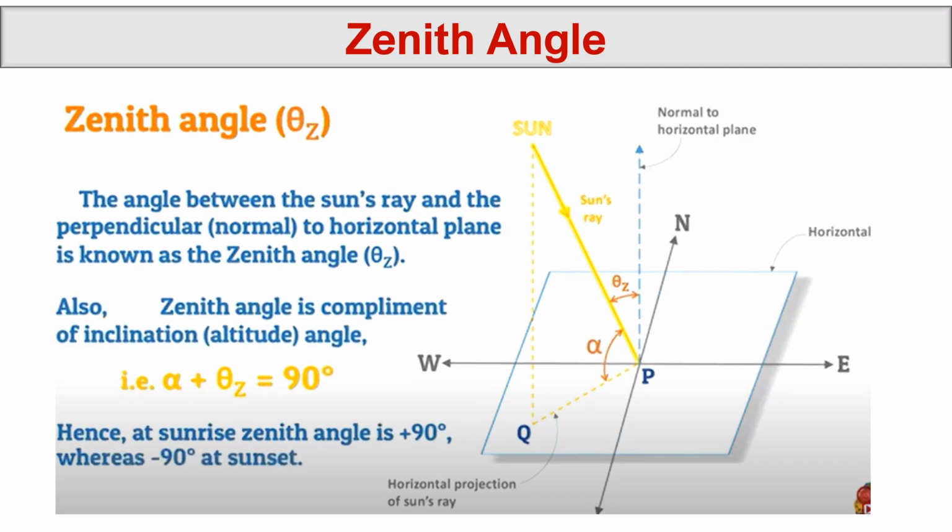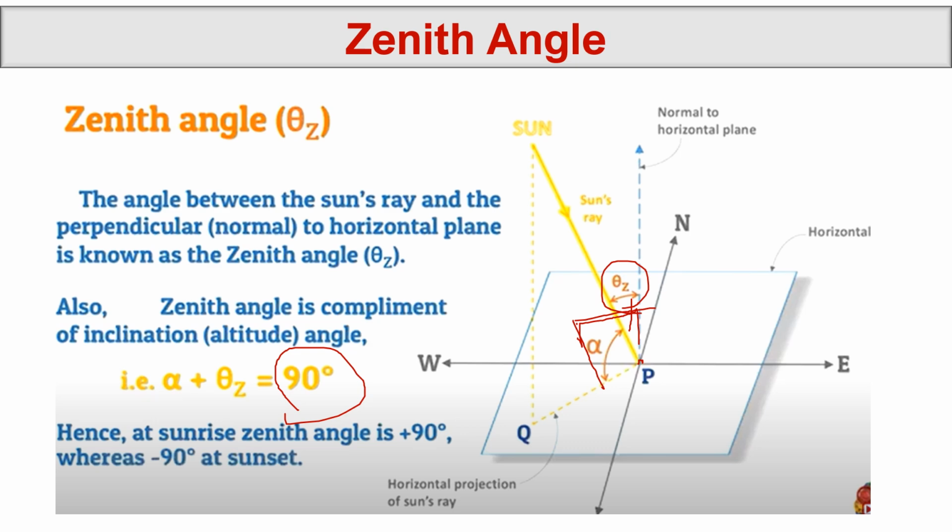So the zenith angle is represented here, and the inclination angle. The zenith angle and the inclination angle together will make 90 degrees, because we are making the horizontal line and the perpendicular line at that particular point, and we are measuring the zenith angle and the inclination angle.